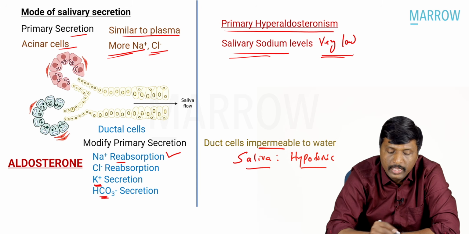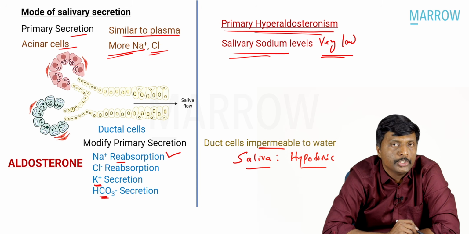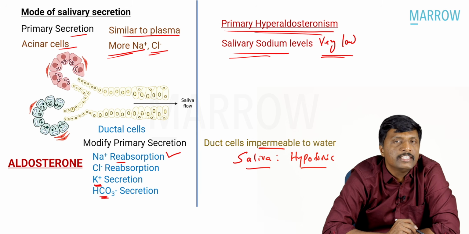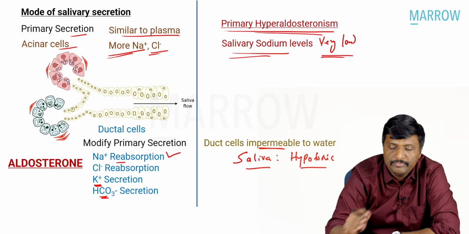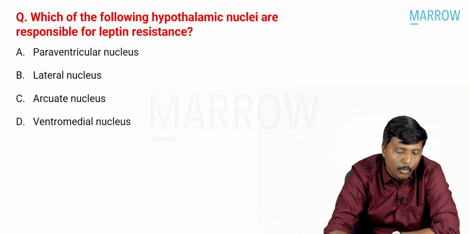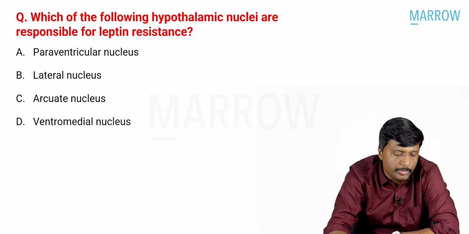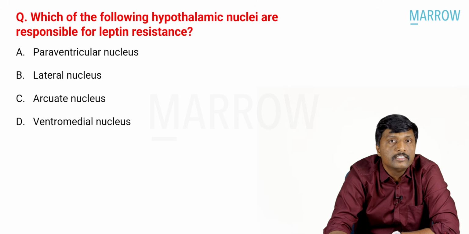So, aldosterone helps in sodium reabsorption. So, which secretion is having least sodium? Salivary secretion.